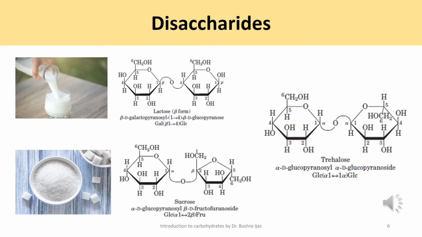Some bacteria, fungi, plants, and invertebrate animals are able to synthesize it as a source of energy and to survive extreme conditions, such as drought and freezing. Trehalose has an alpha 1 alpha linkage between its monomeric units, and like sucrose, it is a non-reducing sugar. It is a major constituent of the circulating fluid of insects, also called hemolymph, and therefore it serves as an energy storage compound in insects.